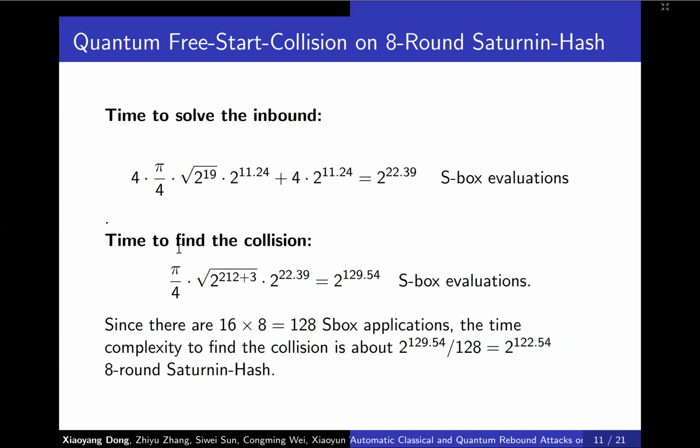Finally, we find the collision with the Grover algorithm with time 2^109 S-box evaluations. Since there are 2^8 S-box applications in one round of Saturnin, the total complexity is about 2^112. It's better than the Pollard rho algorithm.